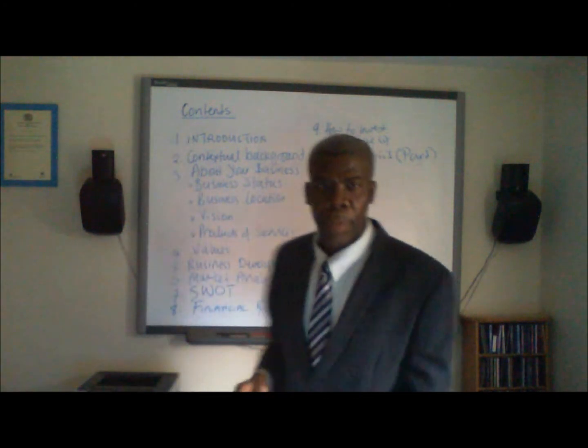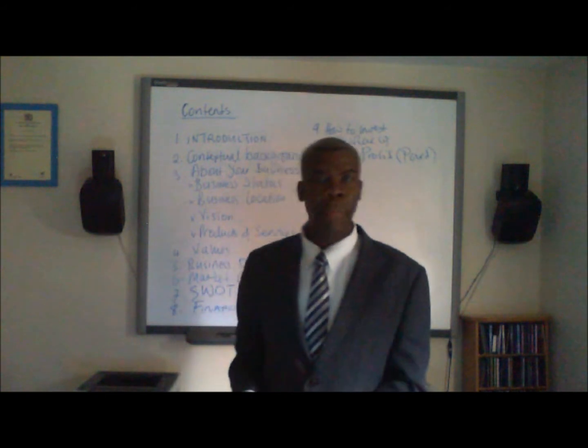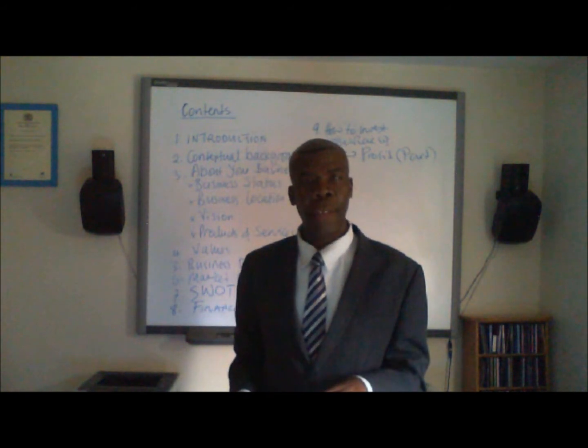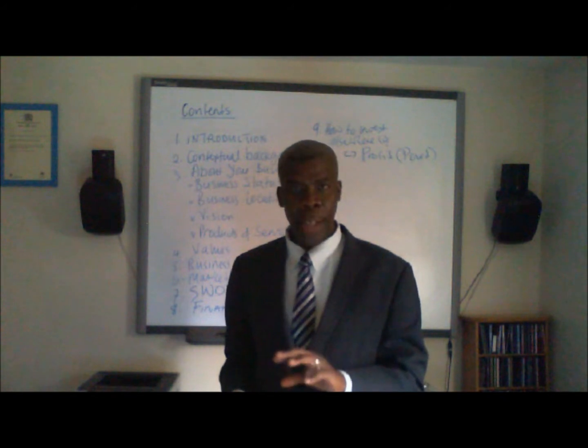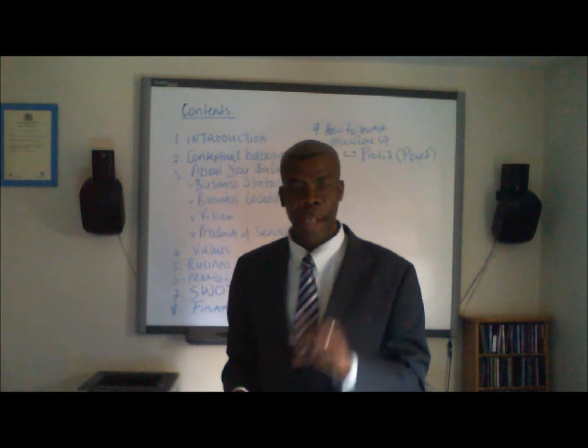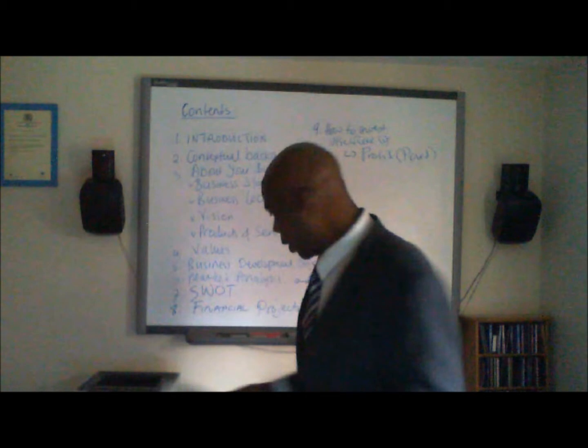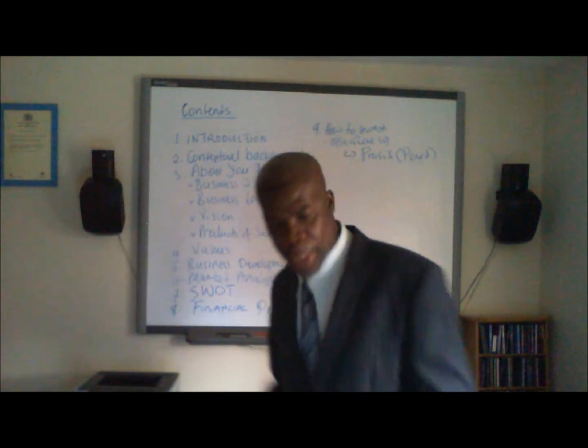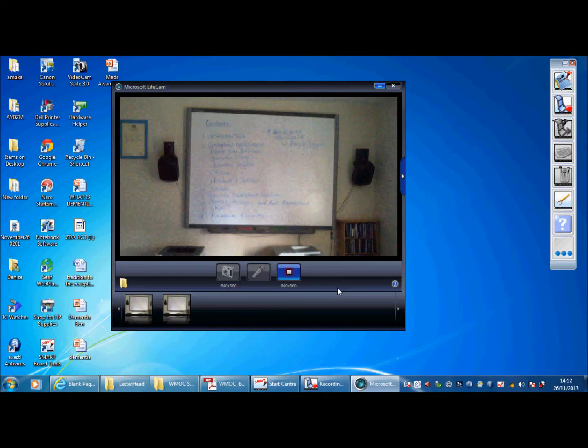Vision. What do we mean by vision? It's very important to look at vision. Why? Vision will answer questions such as, let me just very quickly go to P3 and P4. I'll just go to the study material, which comes up on your screen as well.